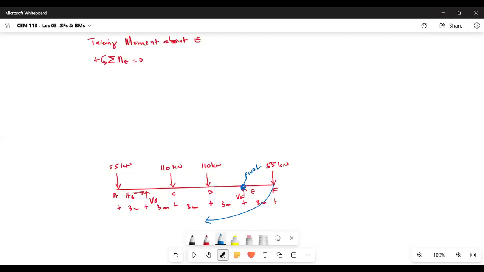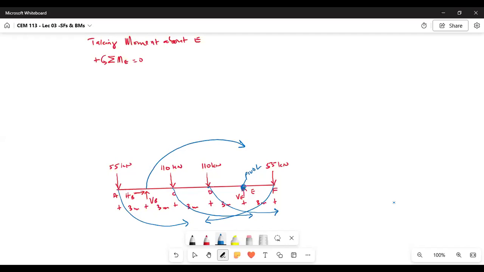Then the 110 about the pivot will be anti-clockwise. Remember the distance is from here to the pivot, 6. This one is 3. Then our VB will be clockwise. The distance will be from there all the way to the E, that will be 9. And then I have this one, and the distance from the force to the pivot will be 12. Then the horizontal force will still be 0 because it's along the axis of the beam.